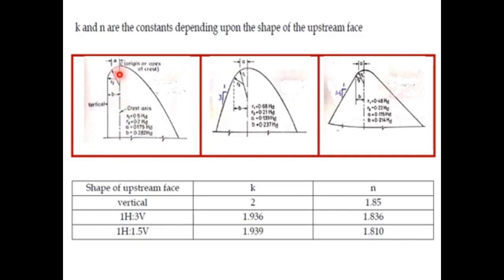The distance from here to this point is A, given by 0.175 Hd, and similarly from the vertical face to the crest is B, which is 0.282 Hd. Likewise, for 1 horizontal to 3 verticals and for 1 horizontal to 1.5 verticals, these are the parameters to draw the upstream profile.